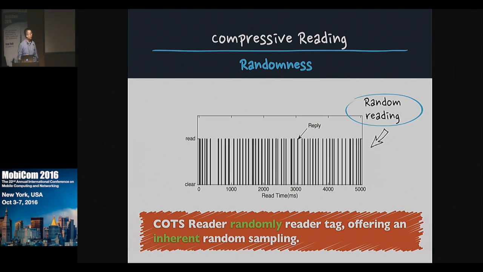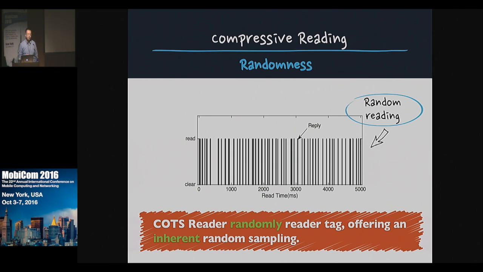The second observation is that the commercial reader uses an Aloha-like protocol for anti-collision. Specifically, the reader divides time into different time slots and allows the tag to randomly pick a time slot to backscatter its ID. At a high level, we can see that the tag is randomly read.